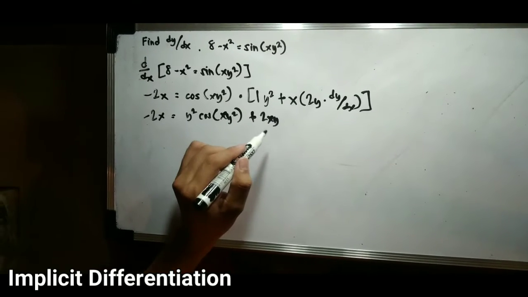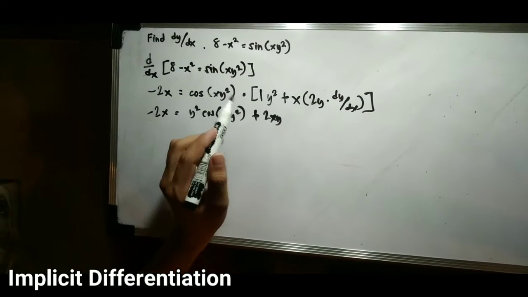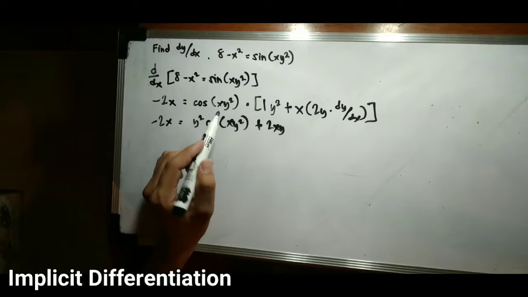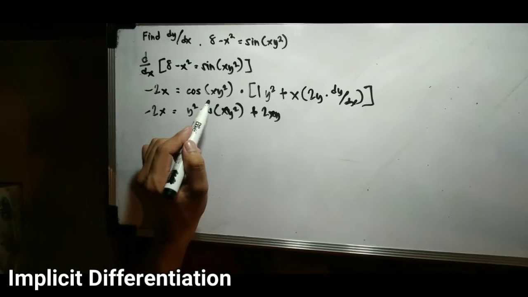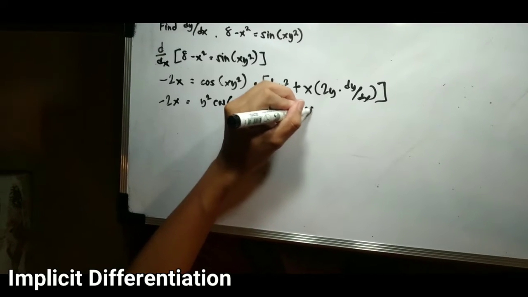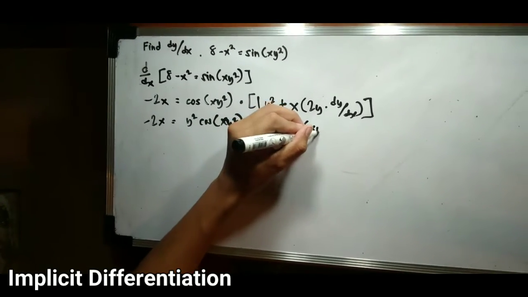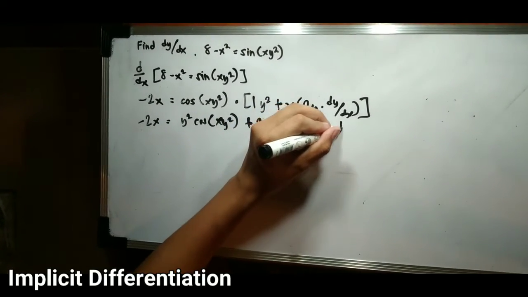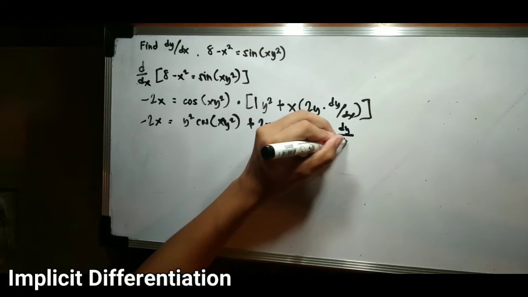X times 2y is equal to 2xy. Then we will multiply cosine xy squared to dy over dx. So we will multiply cosine xy squared times dy over dx.